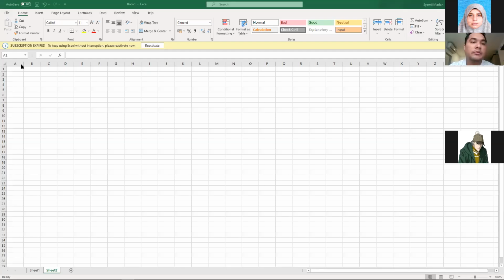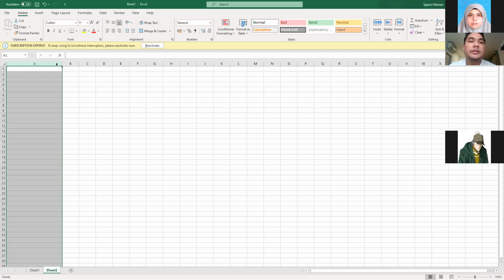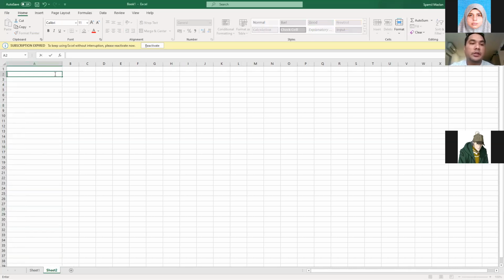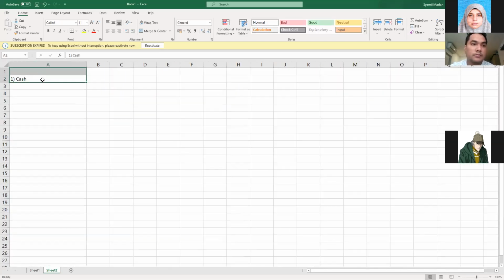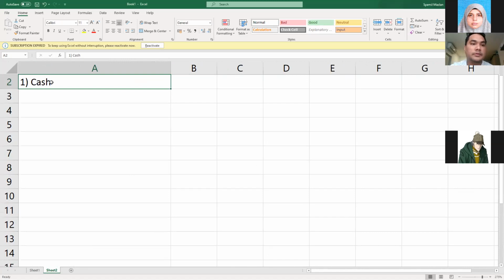Okay, for the accounting part, actually the first is what we call the cash flow projection.